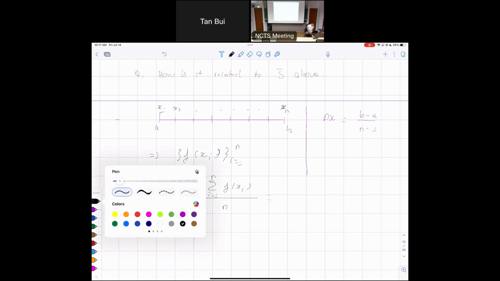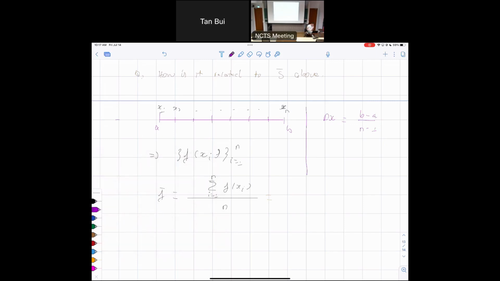We're going to change things a little bit now. We're going to replace this n with b. I'm going to multiply by n minus 1 over n here, and then I'm going to do 1 over n minus 1, and then the summation of f of xi, i from 1 to n.